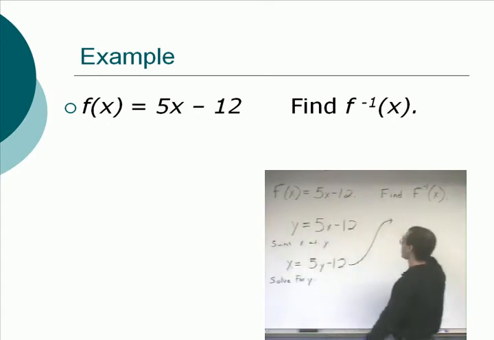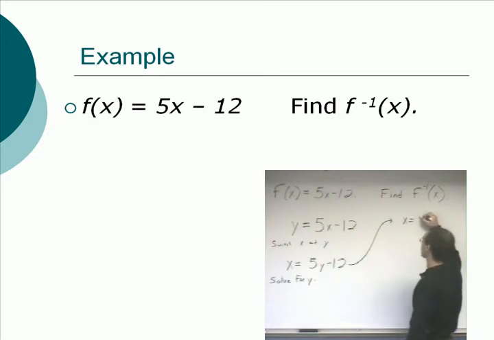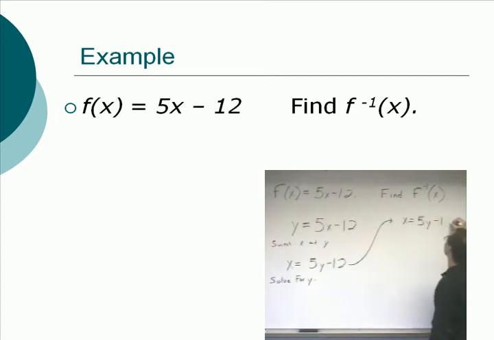So let's take this and solve it for y. We know that x equals 5y minus 12. To solve it for y, let's add 12 to both sides. x plus 12 equals 5y. We're almost there. Divide by 5.